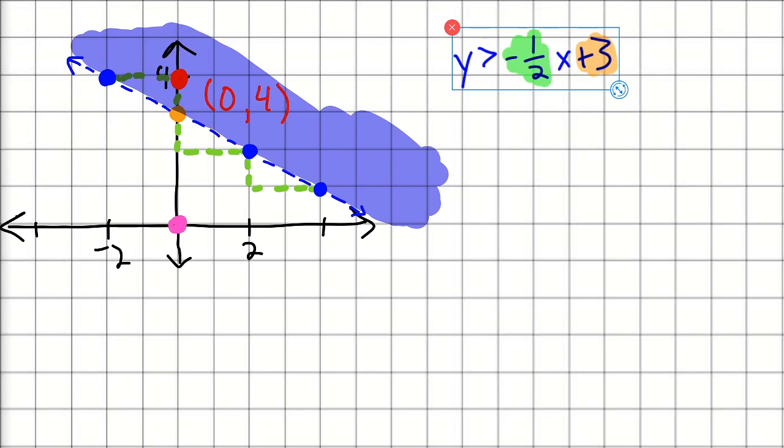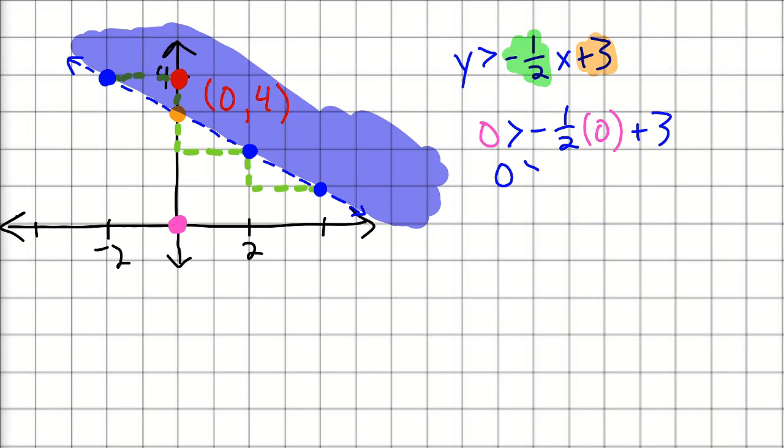So plugging in 0 for x and y, we have 0 is greater than -1/2 times 0 plus 3. On the right, this becomes 0, so we just have 3. So 0 is not greater than 3, and that's false. So the point (0, 0) is not part of the solution set.